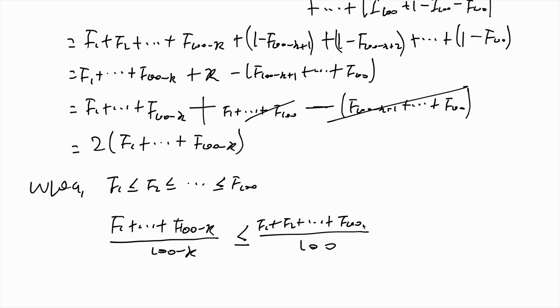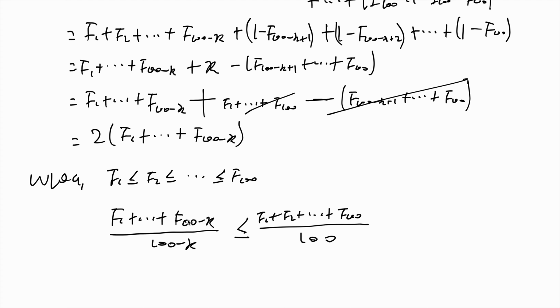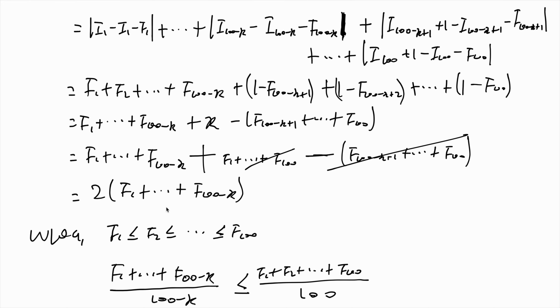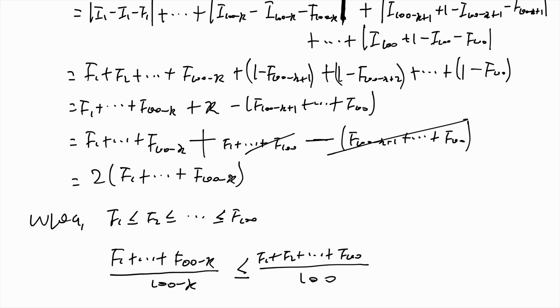And that is because that's just the basic property of arithmetic means. So if we say that this is true, and this is totally fine because we're just rearranging the position of Pokemons, so if it works for one group of Pokemons, then if we permute them, there's nothing wrong with it.